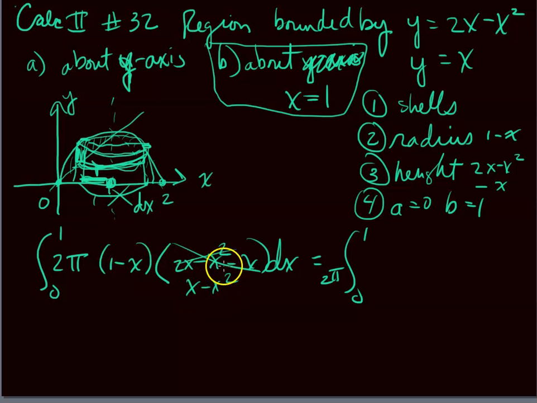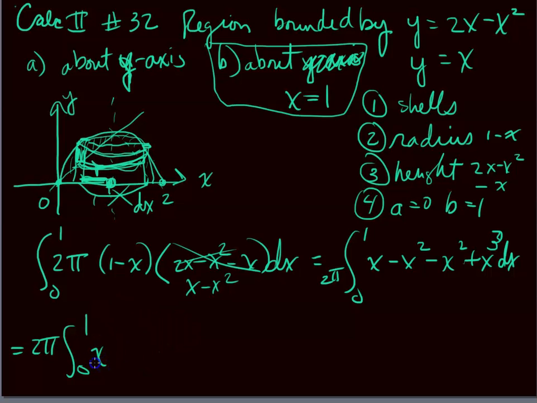So I guess let's write all this out. 1 times x is x. 1 times negative x squared. Negative x times x is a negative x squared. And a negative x times a negative x squared is a positive x cubed dx. So 2 pi, 0 to 1.